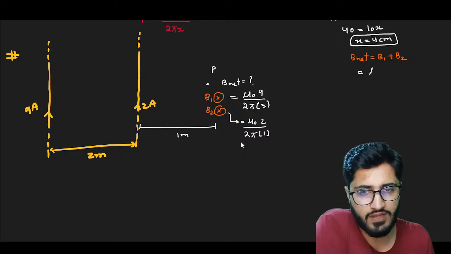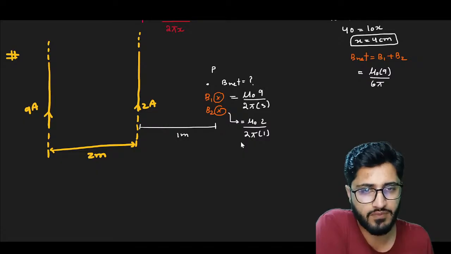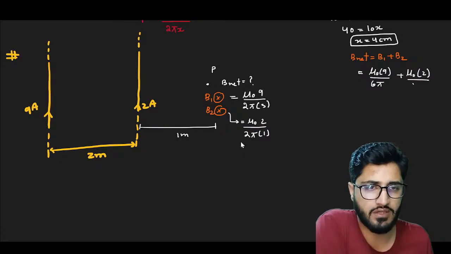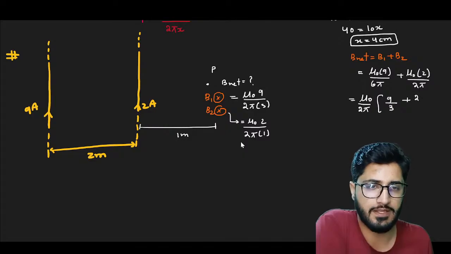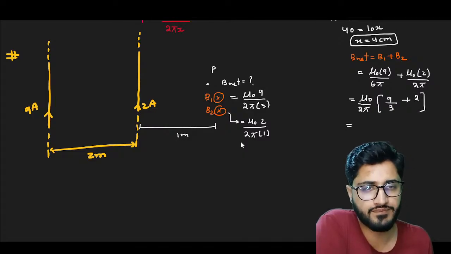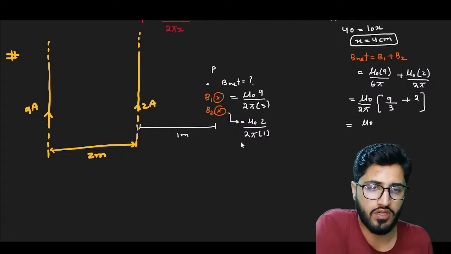So now what is B net? I will place the values here. It is mu naught into 9 divided by 6 pi plus mu naught 2 divided by 2 pi. I will take mu naught divided by 2 pi common. So we have 9 divided by 3 plus 2. Then mu naught divided by 2 pi times 9 plus 6 divided by 3.